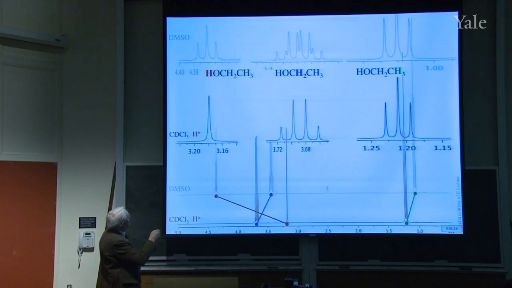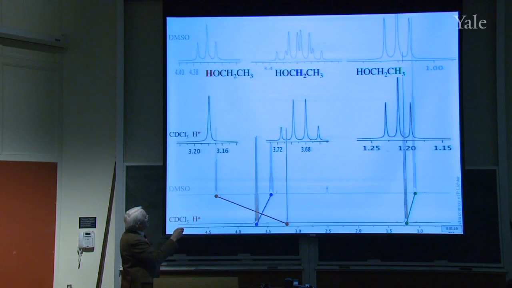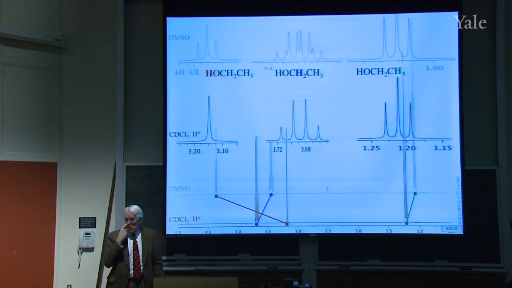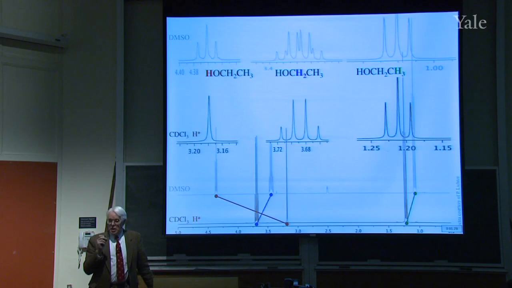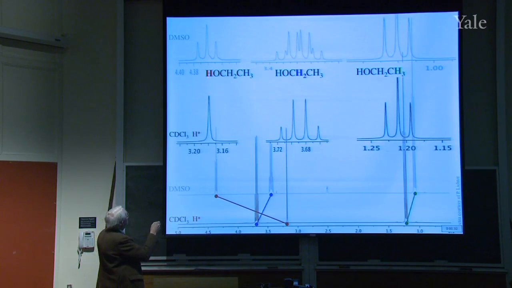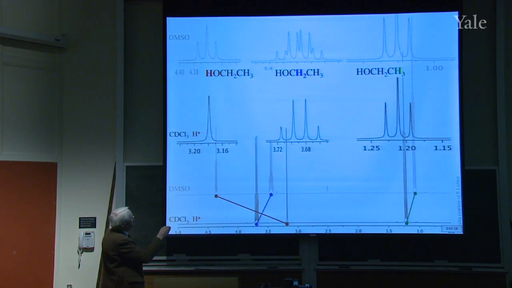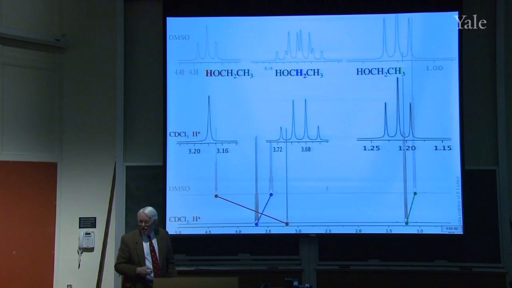So instead of a triplet, it's now a singlet. And this one, instead of being a quartet of doublets, is just a quartet. No changes over here. So we've lost the splitting between the OH and the CH2. It's not split by the CH2, and the CH2 is not split by the OH.